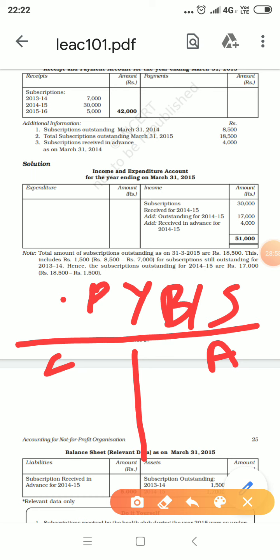So we have to prepare the previous year's balance sheet, find the capital fund and show it in the current year's balance sheet. It will come in a full-fledged sum. As of now, we will see only how these items will appear in the previous year's balance sheet and the current year's balance sheet. Okay. So in this question, it is given previous year's outstanding is 8,500.